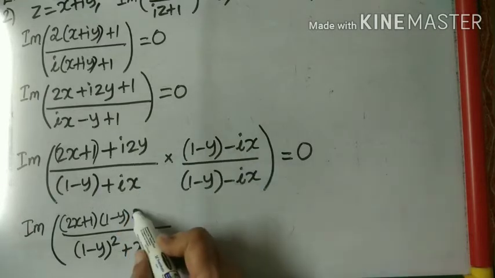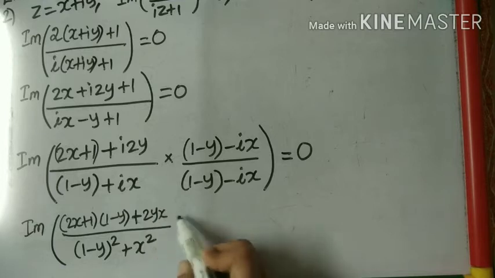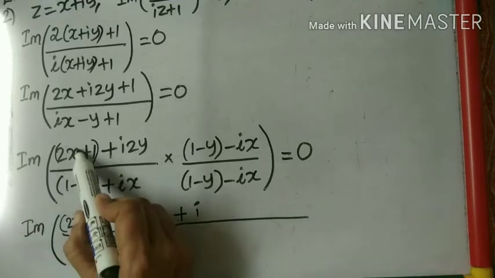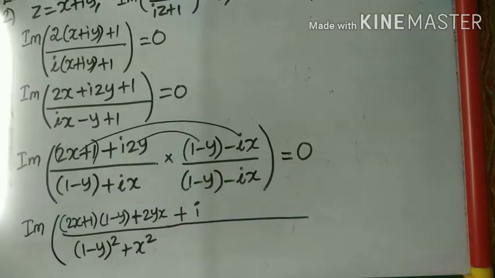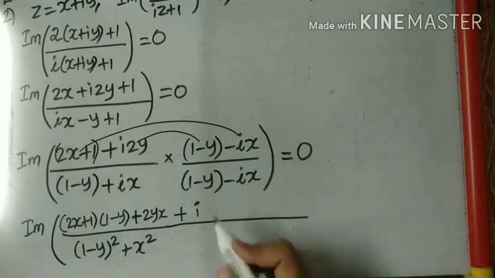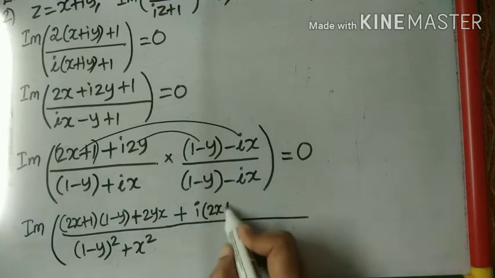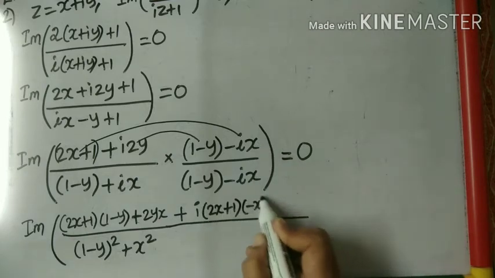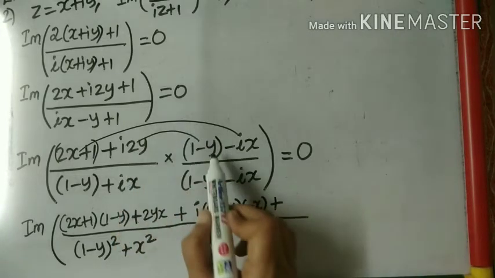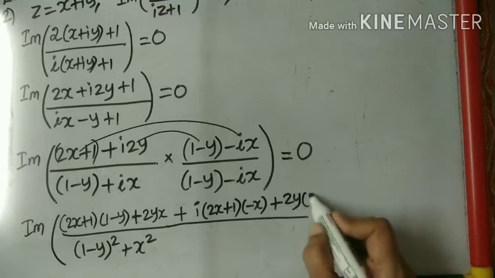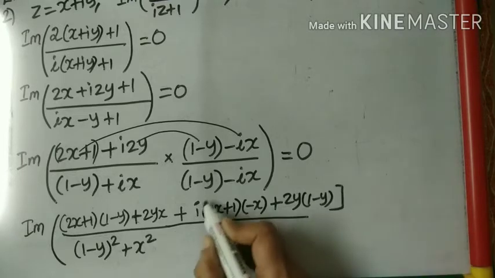Here 1 minus, it will become plus. Plus i into real and imaginary, imaginary and real: 2x plus 1 into minus x, plus imaginary into real, 2y into 1 minus y.